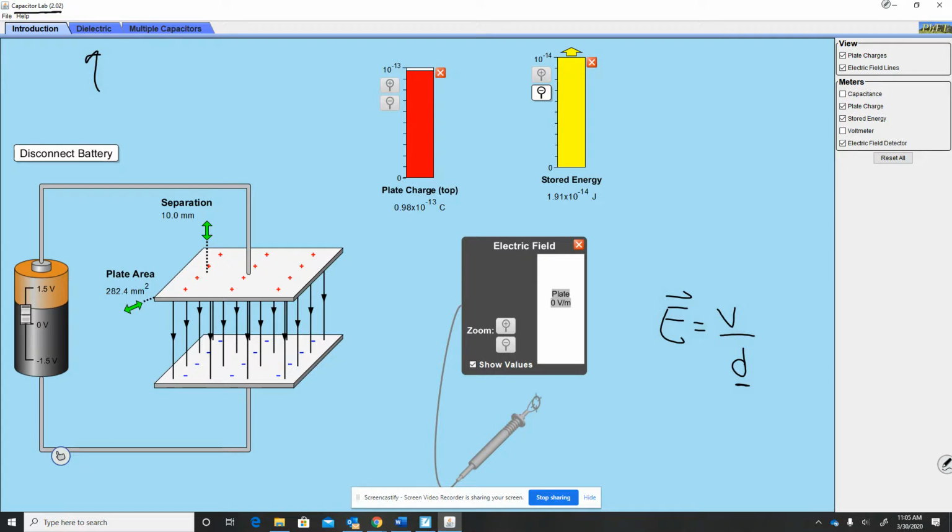But if we have an object, and maybe I'm just going to turn off these field lines for a second here. If we have a negatively charged object, let's say that it's really close to the plate here, the voltage that it's going to experience is going to be very, very large. Because if we let this go freely, it's going to move up towards this plate here, right? So if it's right at the plate, it's going to have the complete voltage between the plates.